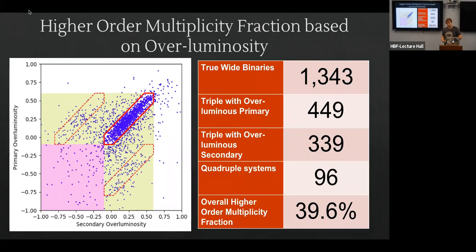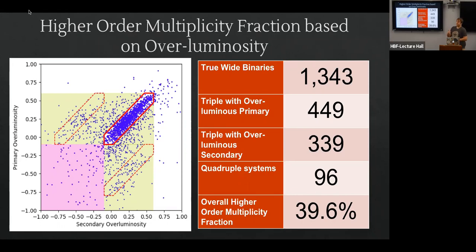And so this is interesting because that's roughly what is probably going to end up being the multiplicity fraction of K-dwarfs. If you think about it, the solar type stars have roughly around 50, the M dwarfs are around 28-ish. And so if we're just drawing a straight line between them, the K-dwarf should be roughly around that 30 to 40 regime.